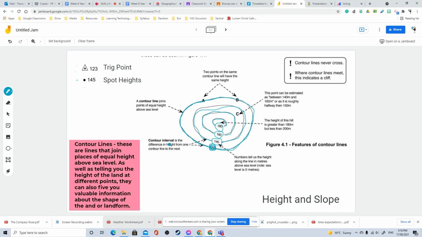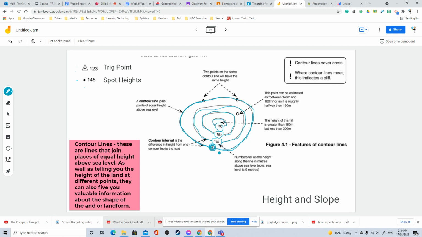If it's not, you can work it out simply by finding a few contour lines and working out the difference in height between them. The numbers tell us the height along the line in meters. It is always in meters for Australian maps, but can be in miles or feet for American maps. So that's contour lines.